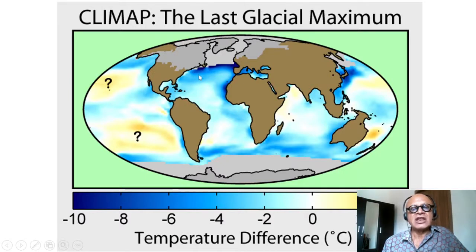And you can see that large parts of the oceans were colder than the present, especially the warm pool regions here in the Indo-Pacific Ocean. And we'll see a little bit later on that the threshold of convection in the atmosphere also changes when the mean temperatures change.